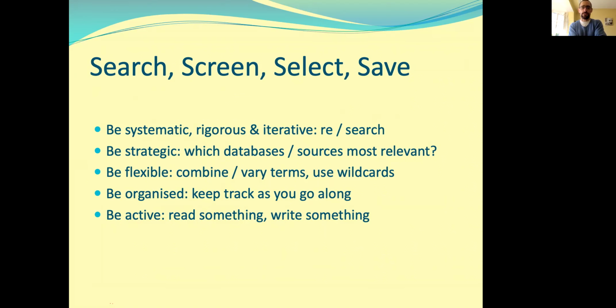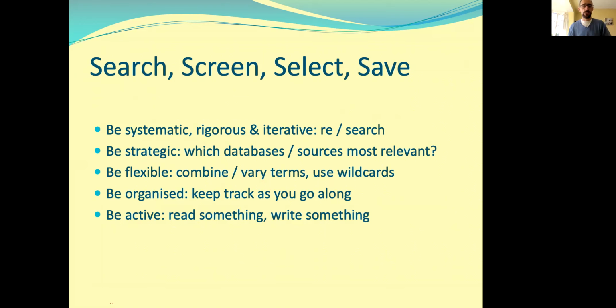Be organized. So keep track of what you search and what you find. Some people do this, for instance, using referencing software. Something like Mendeley is a common one. Others are available. Some people will just keep an Excel spreadsheet. Some people would organize the material they find into folders.